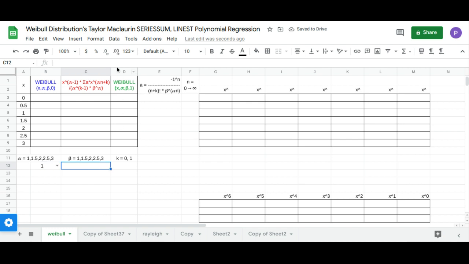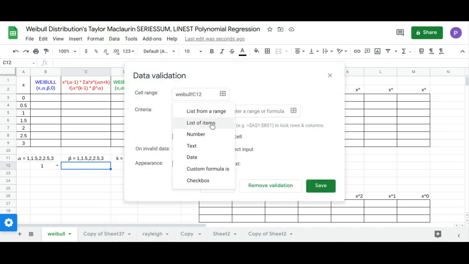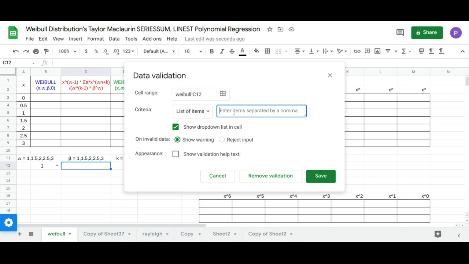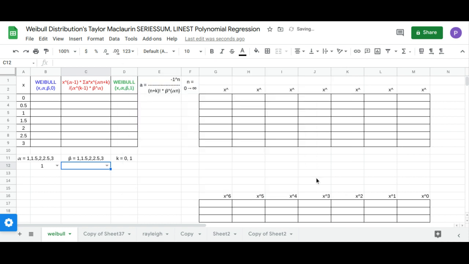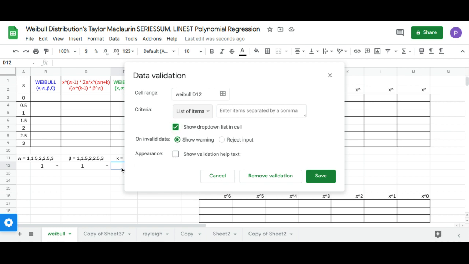Same thing with beta. Data validation, list of items from 1 to 3. We can also start with 1. And the value of k, so data validation, list of items, that's 0 or 1.